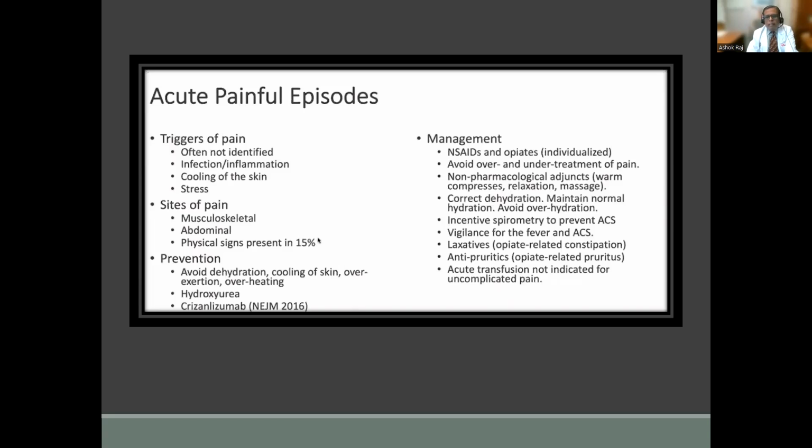Also keep in mind to use incentive spirometry in patients admitted to the hospital for pain management with IV opioids. There was a study published in the New England Journal, a very nice study, where they compared patients who used incentive spirometry and those who did not. There was clearly a decreased incidence of developing acute chest syndrome, which is the next complication we'll talk about, in patients who used incentive spirometry.